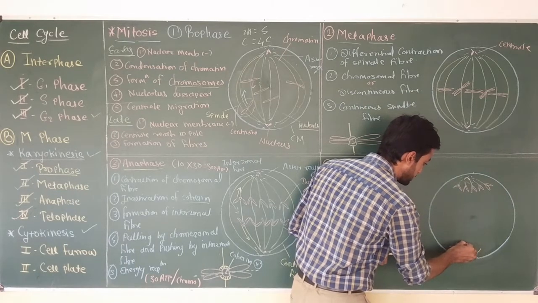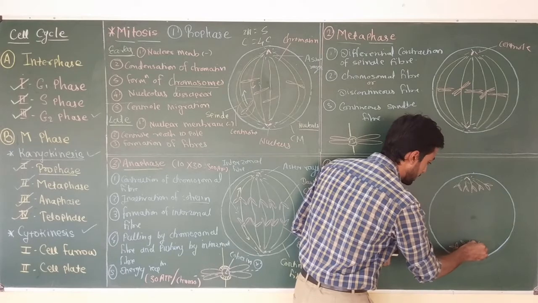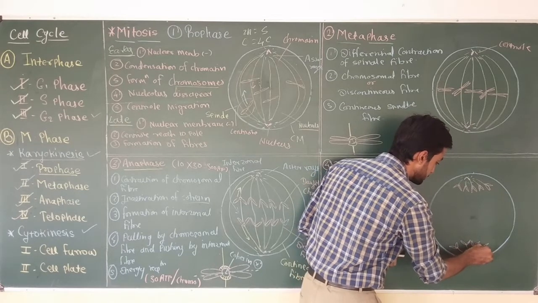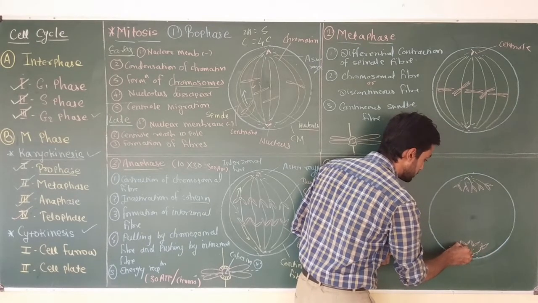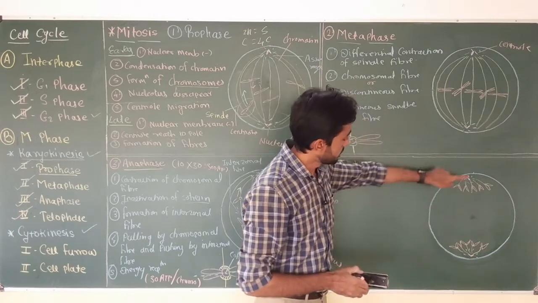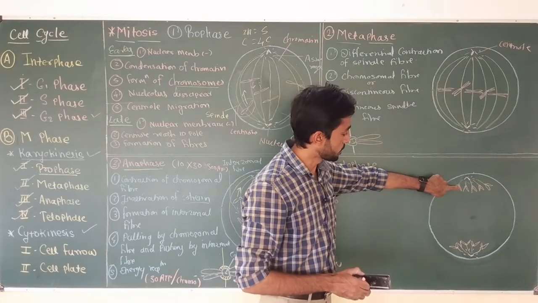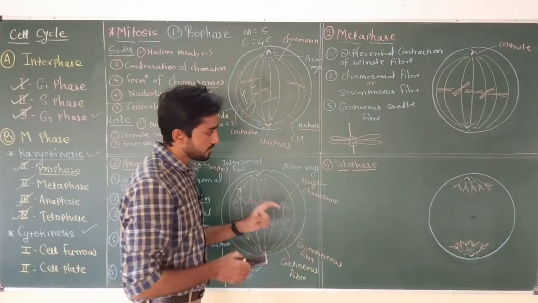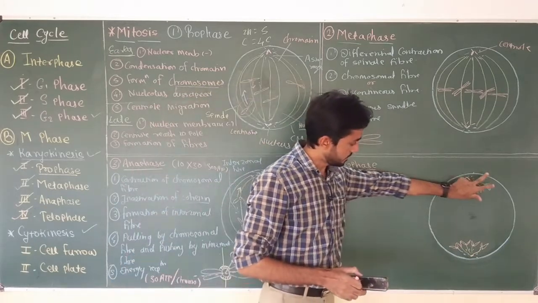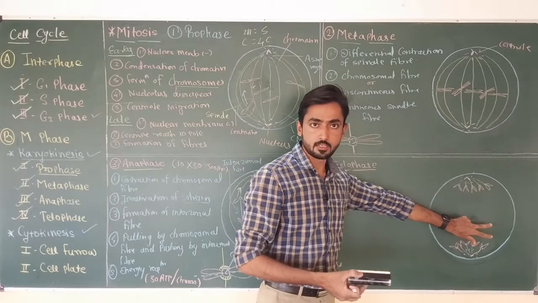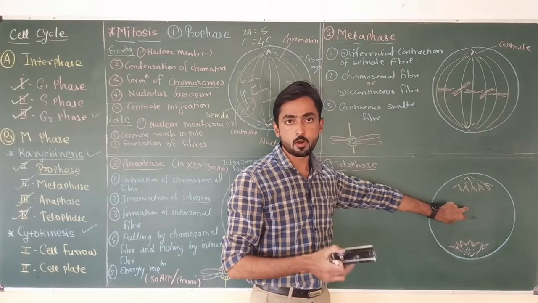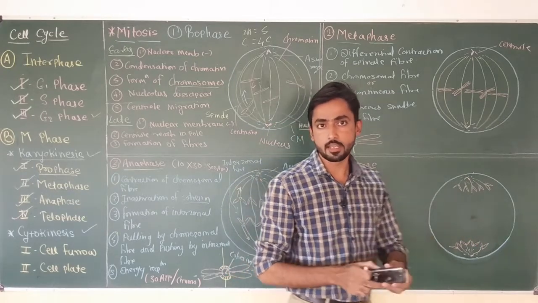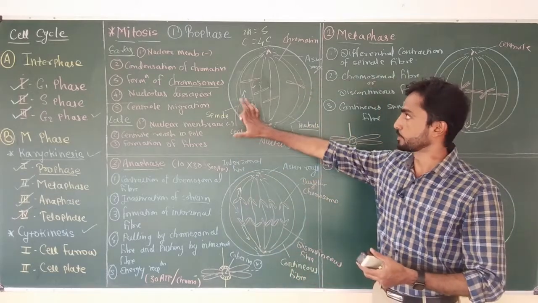We have taken the example of a cell having 5 chromosomes. So now this pole will have 5 daughter chromosomes, and this pole will have 5 daughter chromosomes. Once telophase starts, the cell will perform activities exactly opposite to those of prophase.